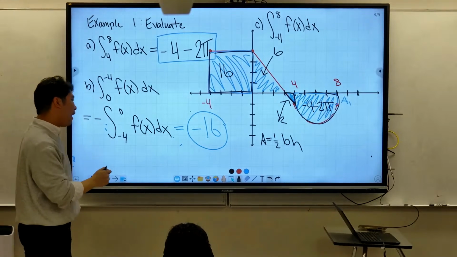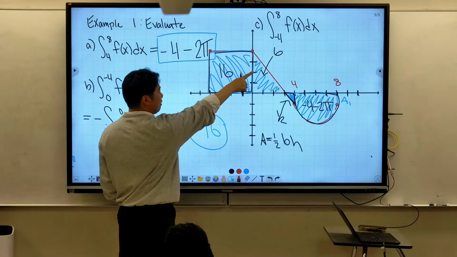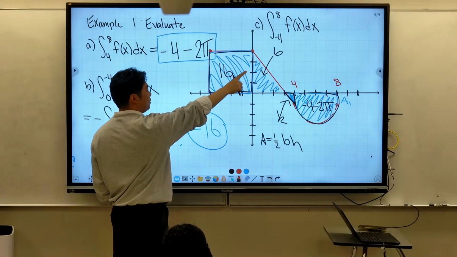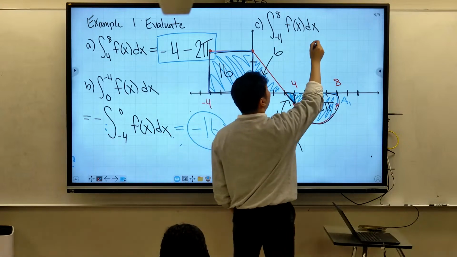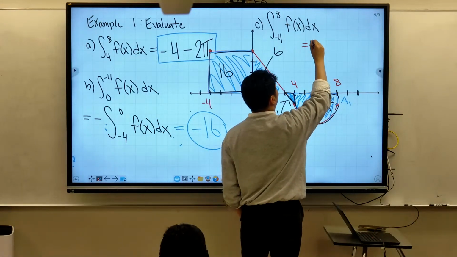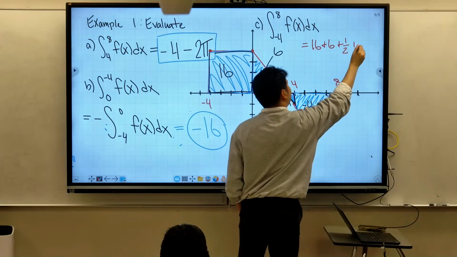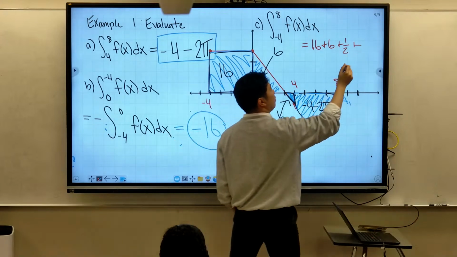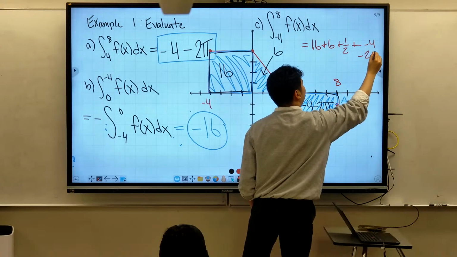So now I can add all of these together. 16 plus 6, I get 22. Let me write it out so that we don't mix our numbers up. 16 plus 6 plus 1/2, so that's these three shapes, plus -4 and -2 pi.